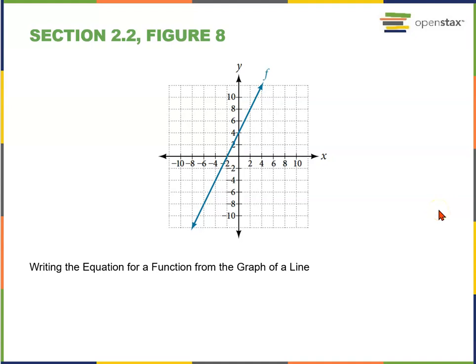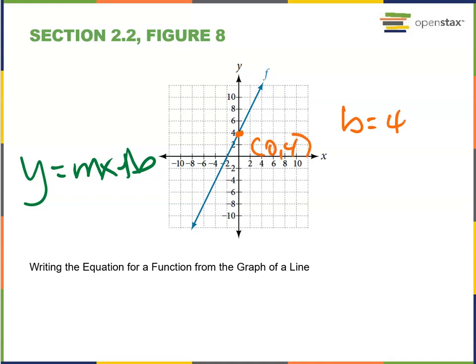Next, writing the equation of a function from the graph of a line. So we know y equals mx plus b. All you have to do is get the slope and the y-intercept. Here, the y-intercept is the point on the y-axis, that is (0, 4), so your b is equal to 4. Now, the slope, remember, rise over run.